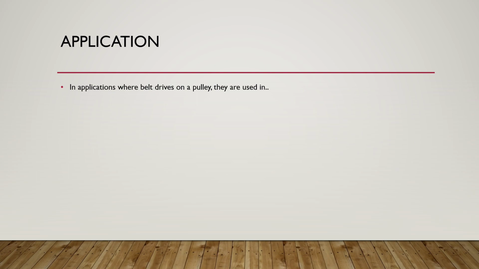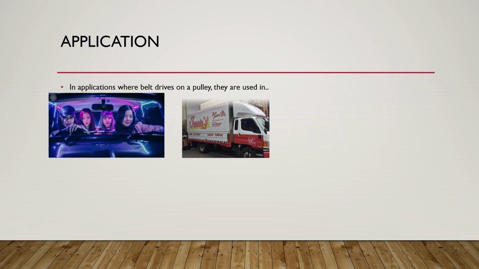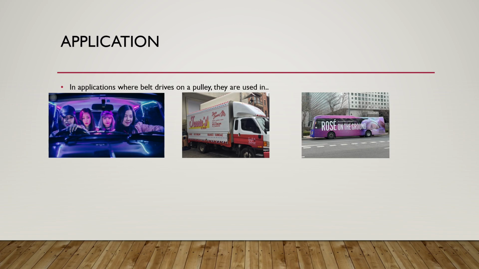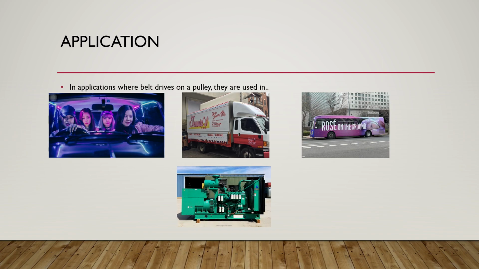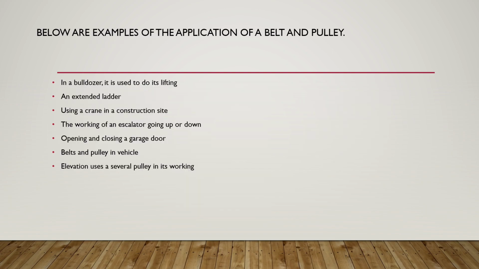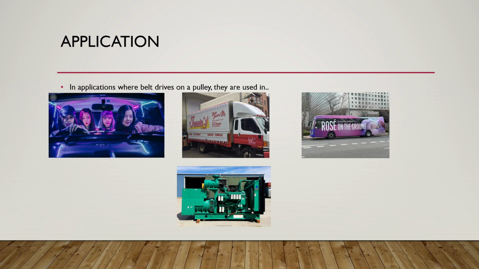Applications of belt and pulley. In applications where belt drives on a pulley, they are used in automotive engines such as cars, trucks, buses, stationary power generators, marine engines, aviation engines, and etc. Belt and pulley are also used in air compressor engines, agricultural equipment, conveyors, and etc. In fact, a belt and pulley are purposely designed for any application that requires a rotational motion from another source.